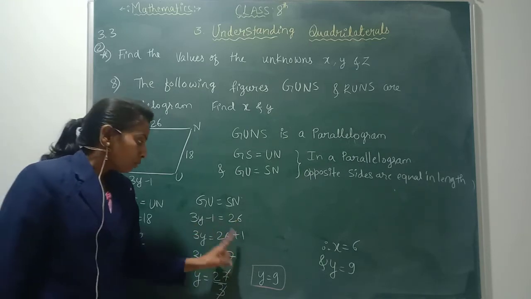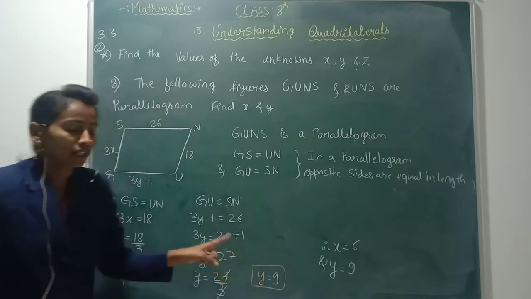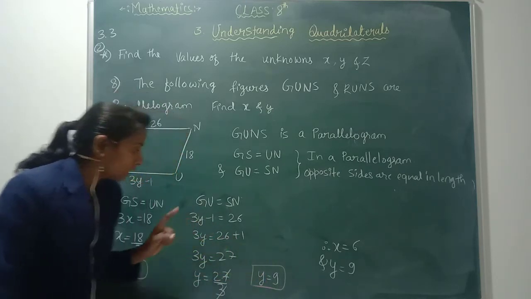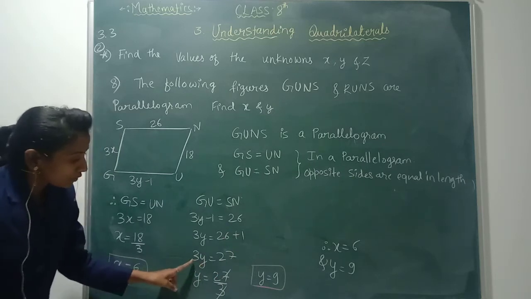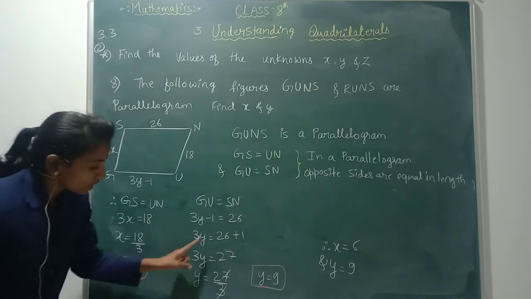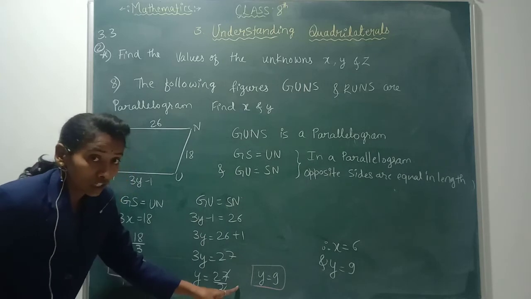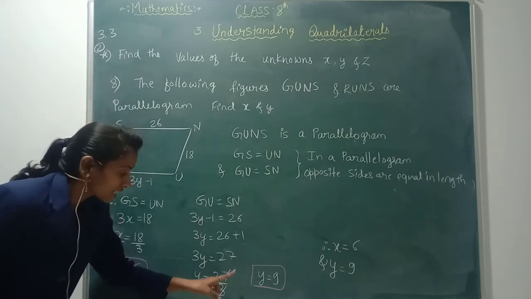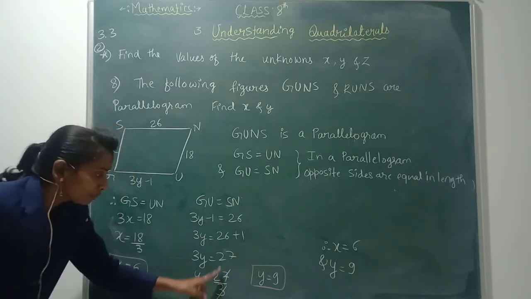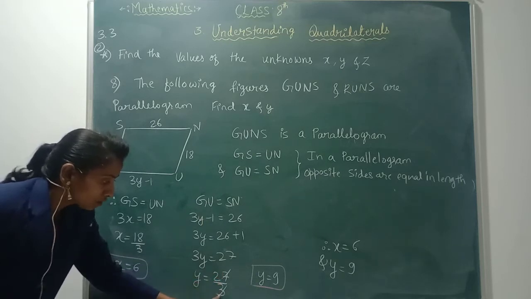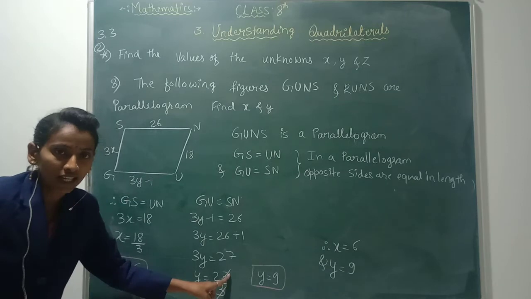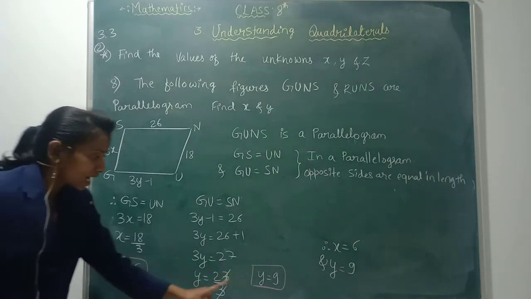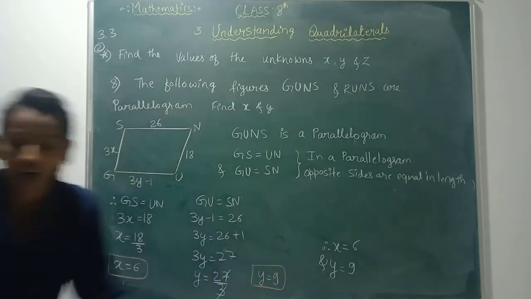Minus 1 you transpose to the RHS side, it becomes plus 1. 26 plus 1 is equal to 27. Again with that Y we have multiplication, means if you transpose to the RHS side it becomes the denominator, that is 27 upon 3. So Y value will be 9. 3 ones are 3, 3 nines are 27. So X value is 6 and Y value is 9 we got.